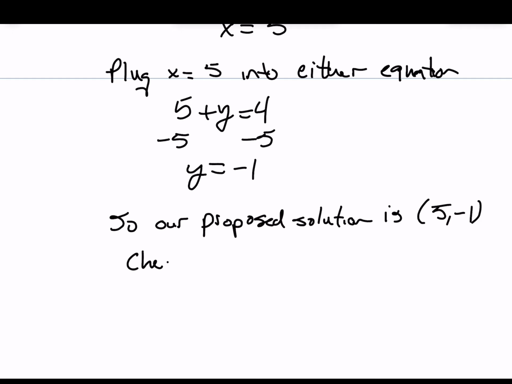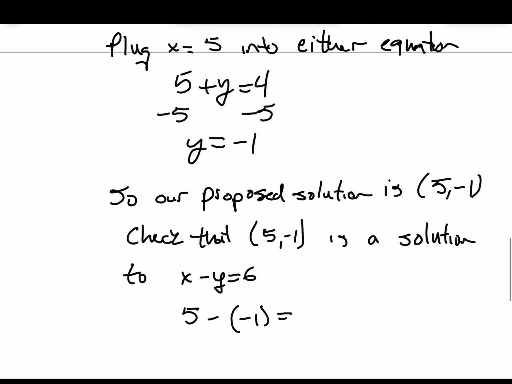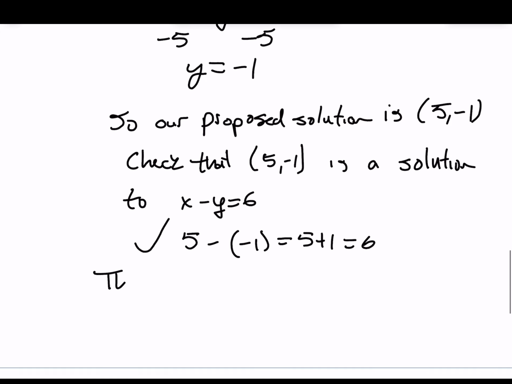Now we need to check that the point 5, negative 1 is a solution to the second equation, which is x minus y equals 6. So we plug in 5 for x minus a negative 1, which is y, and 5 minus a negative 1 is equal to 5 plus 1, which is 6, which is as it should be.